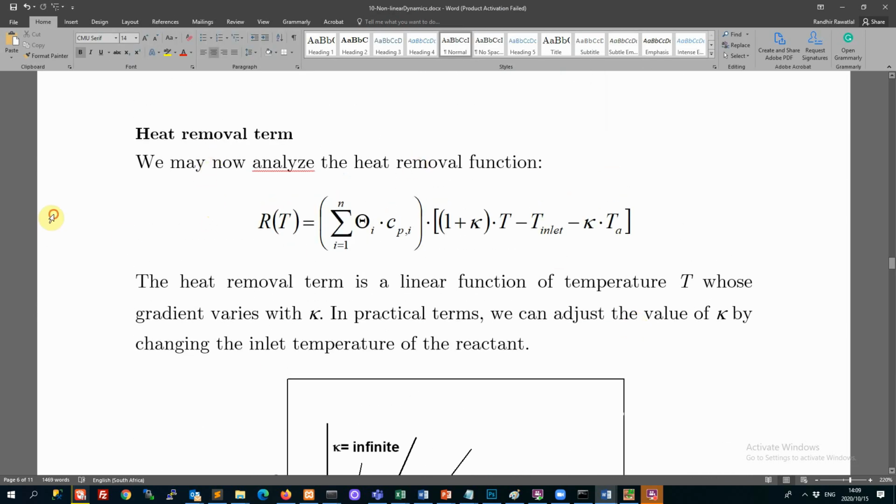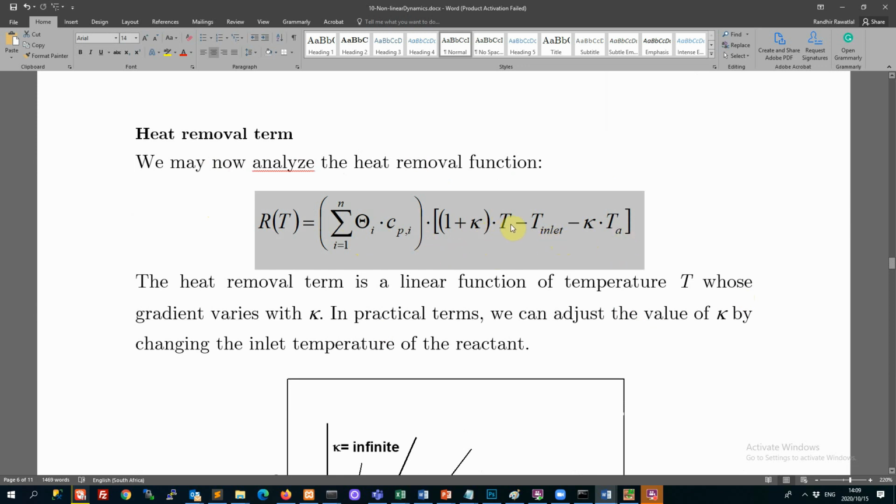For heat removal, of course, we go back to this equation. This one is in a sense easier. It's quite linear in T. So kappa, if you go back and have a look, is nothing but dependent on the constants. These are all constants. T in is of course a constant. That's a constant.